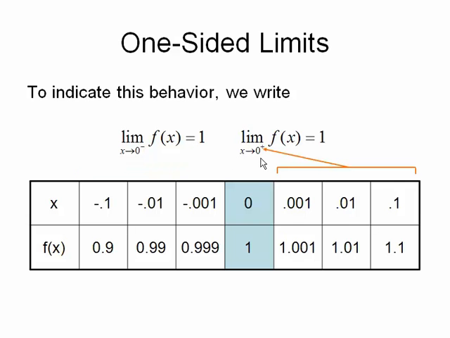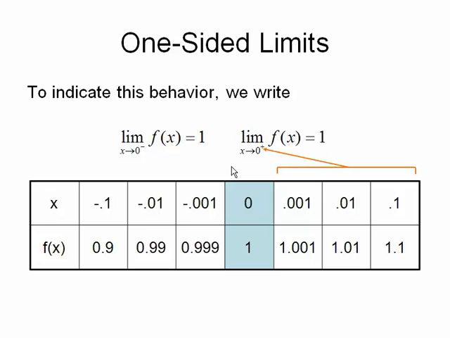If I want to indicate that we were getting closer and closer to 0 from positive values, or from the right-hand side, I'd write the limit as x approaches 0 from the right, so the little plus here indicates that I'm coming from the right-hand side, of that function is equal to 1.